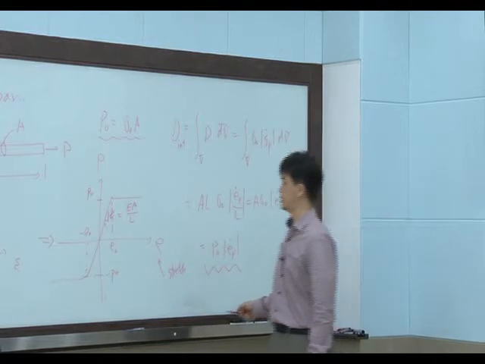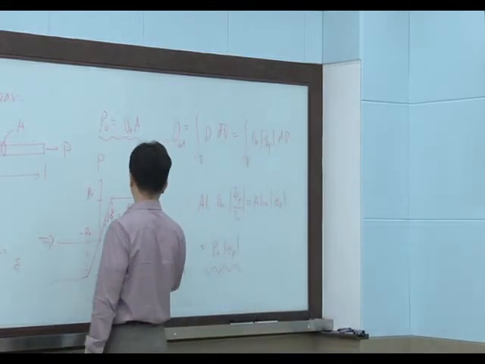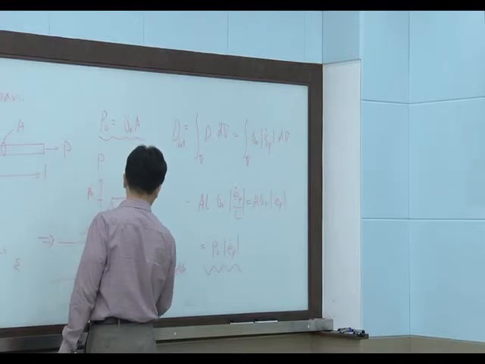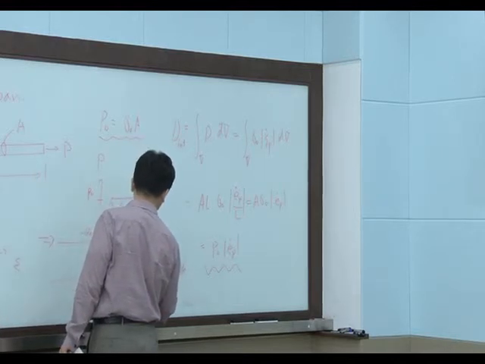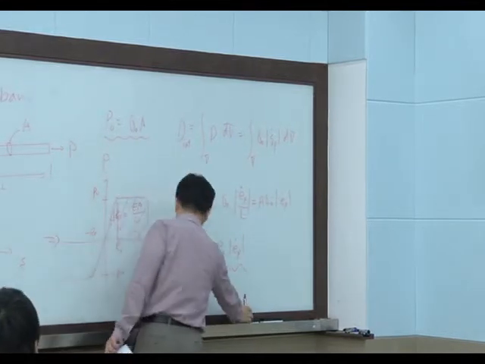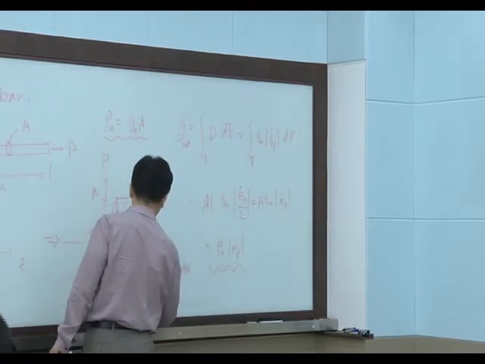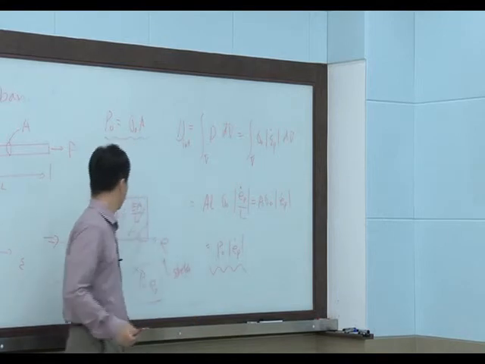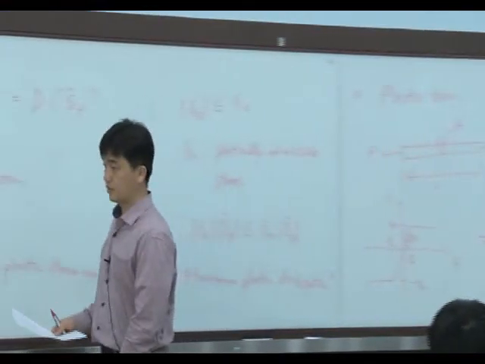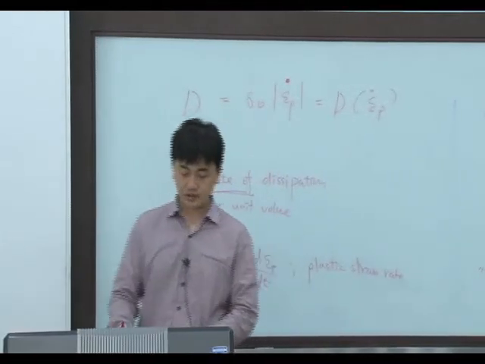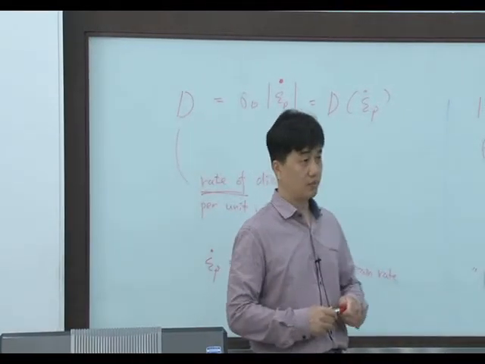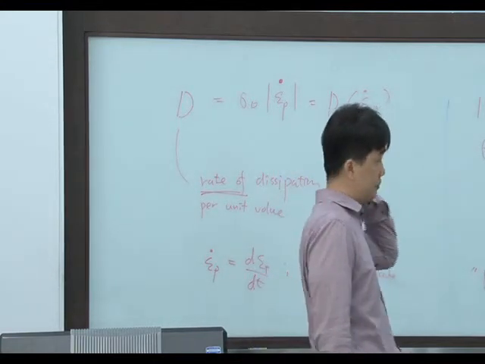So this dissipation means the area of this rectangle, P0 times e dot p, right? So for this bar case, we can calculate the energy dissipation.